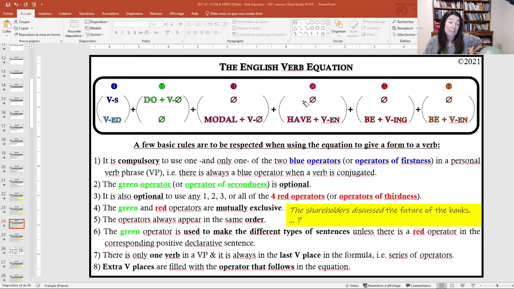And there is no name for the zeros here that correspond to the absence of modal plus V0 and have plus VEN, but there is a name for the absence of be plus V-ing, and as you know, it is the simple form, so this zero here is going to be especially important for us to understand language and linguistic facts.